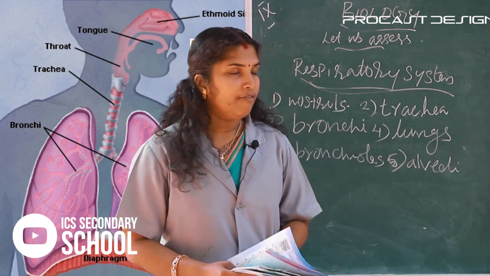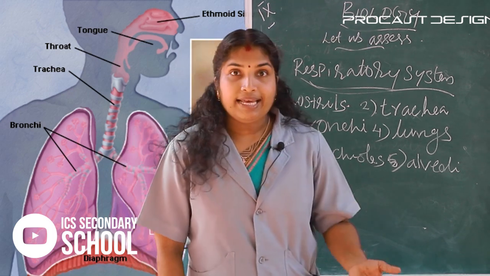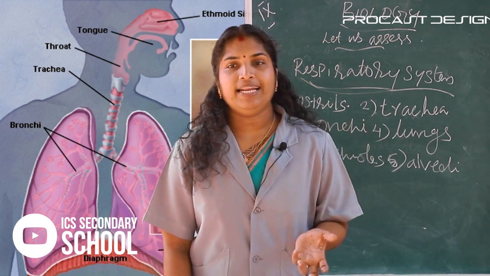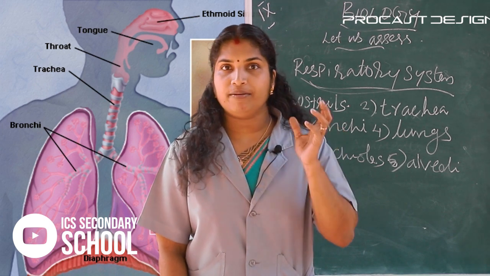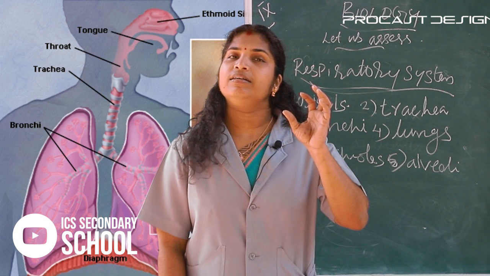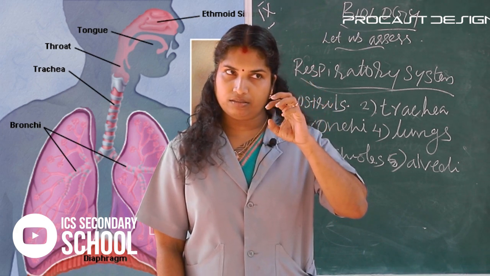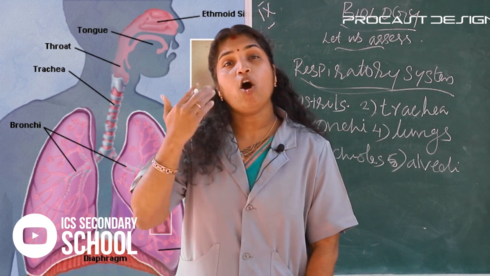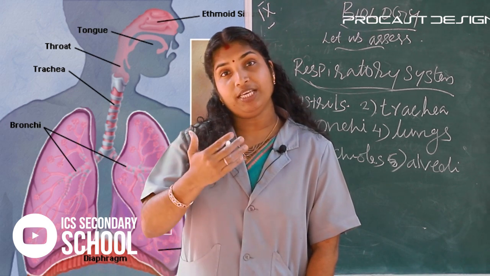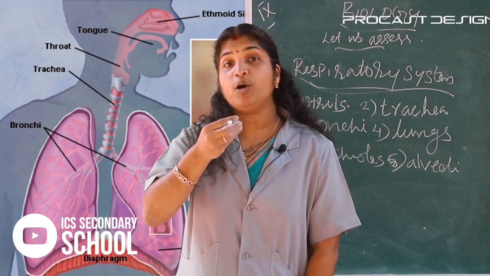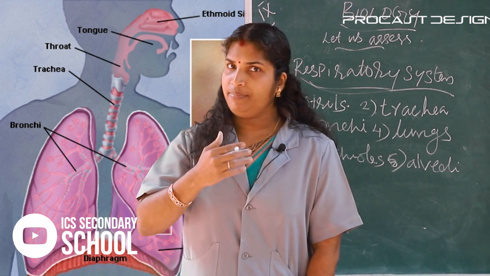Okay, first of all, what is energy? Energy is the power to do work. Where do we get the energy? We get the energy from our food. After digestion, small nutrients are formed from this food.